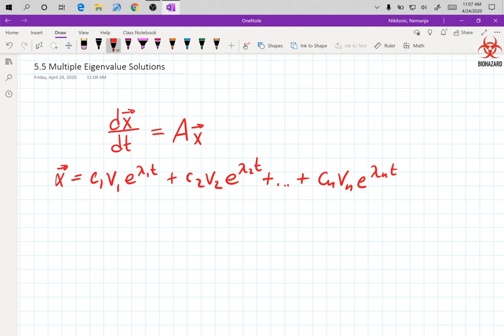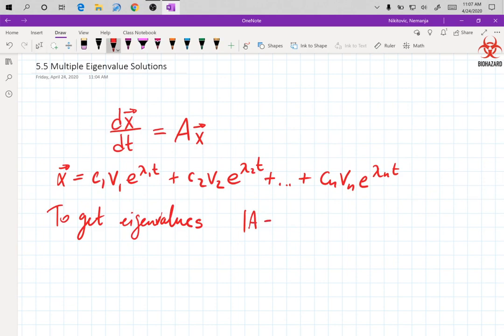And we know that there was a characteristic equation from which we calculated the eigenvalues. So to get eigenvalues, we solved the determinant of A minus lambda I equal to 0, right?